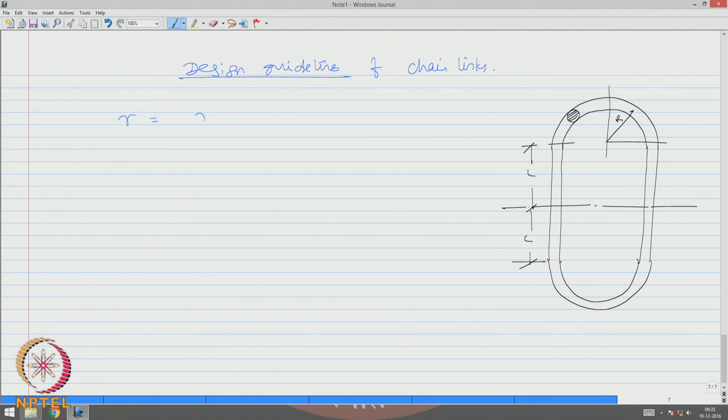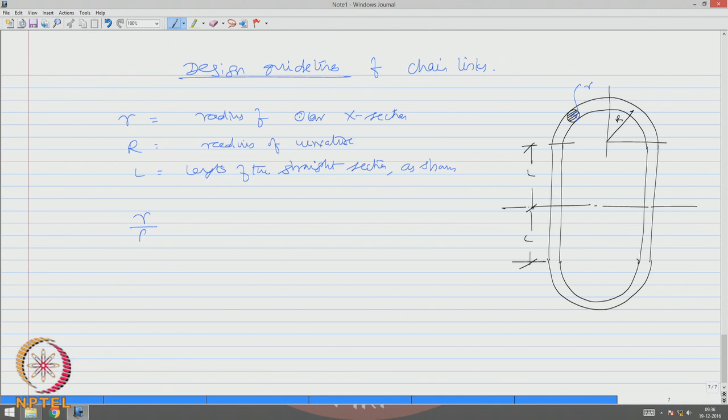So, r be the radius of circular cross section, capital R be the radius of curvature, small r is this, L the length of the straight section, as shown.